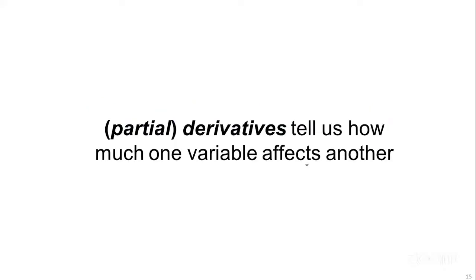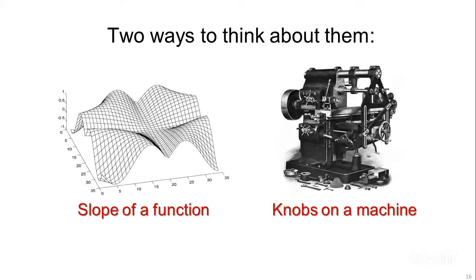Now before coming to that, let us talk about partial derivatives, because yesterday we made use of them. What is the job of the partial derivative? They tell us how much one variable is affecting another variable. There are two ways to think about it.